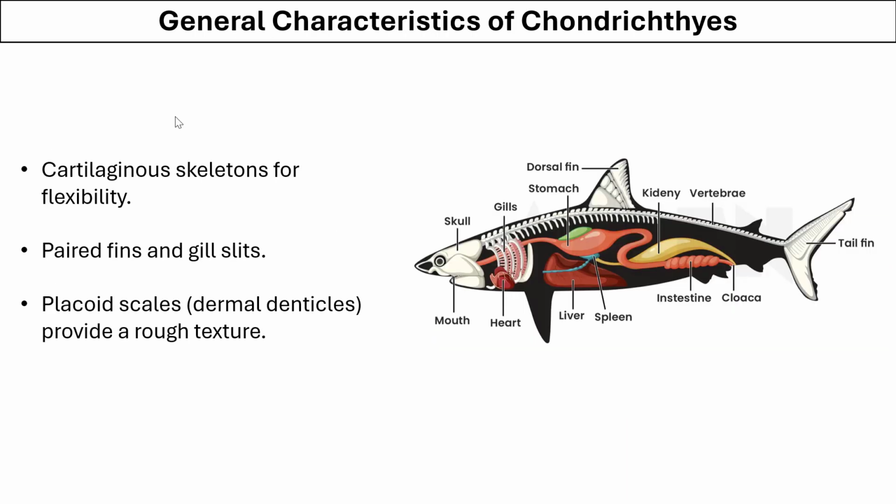Their endoskeleton is made up of a flexible material called cartilage, which is a kind of connective tissue. They have pairs of fins and gills which help them in respiration. They have scales on their body which are called placoid scales or dermal denticles, which provide them a rough texture and help them in escaping their predators.